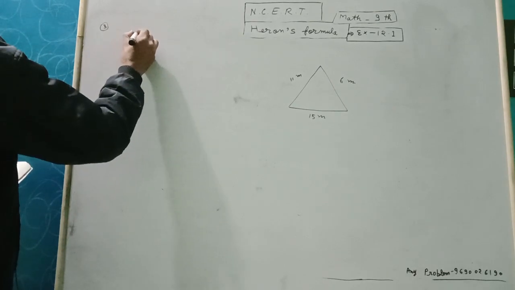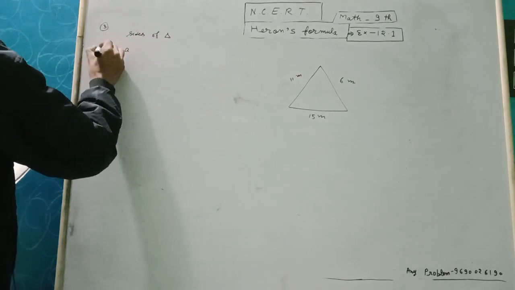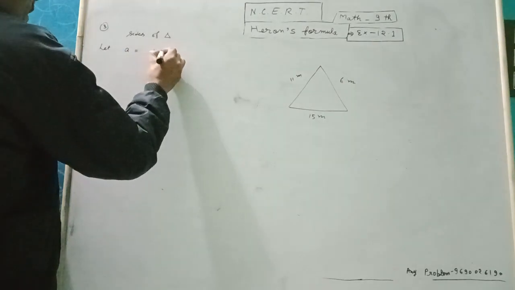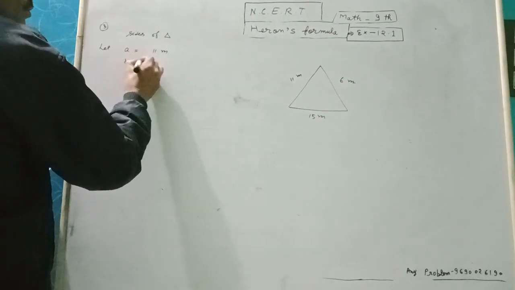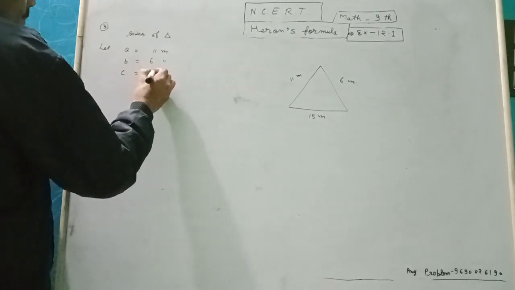Sides of the triangle. Let A is equal to 11 meter, B is equal to 6 meter, C is equal to 15 meter.